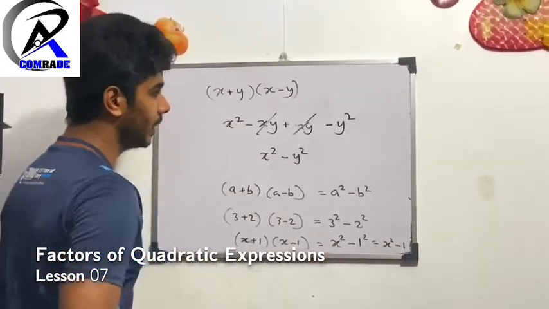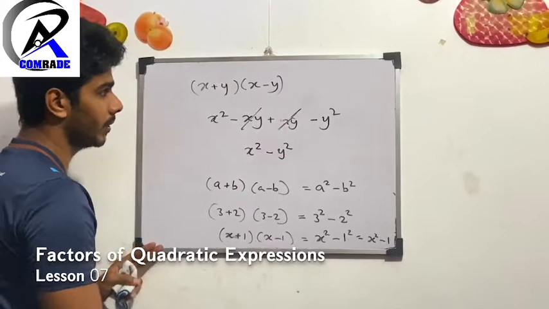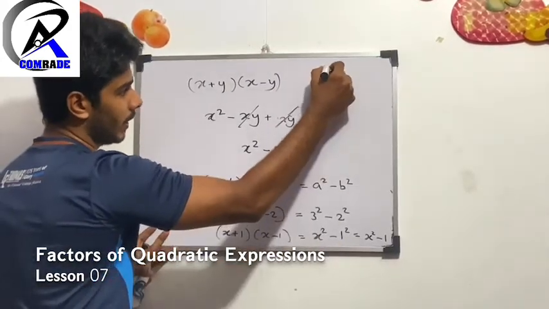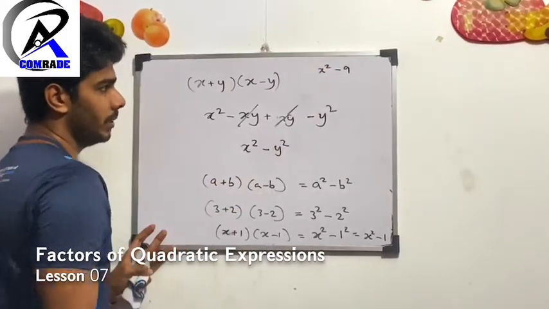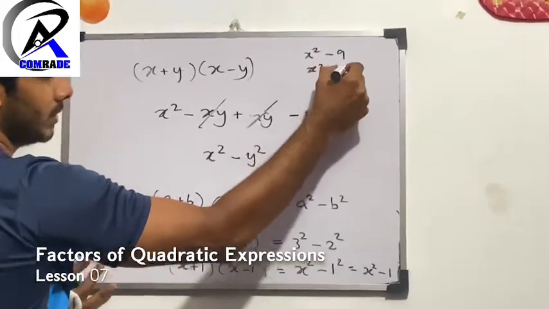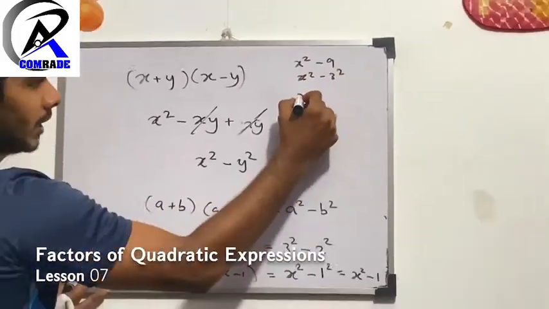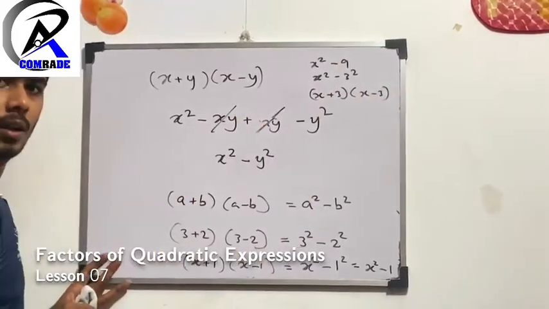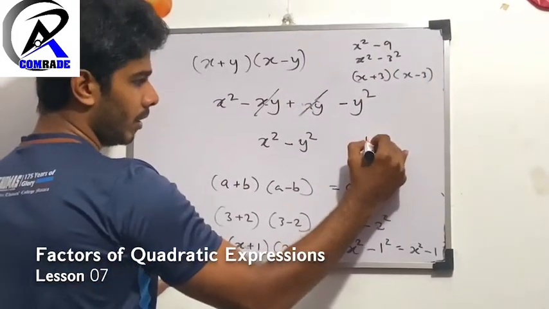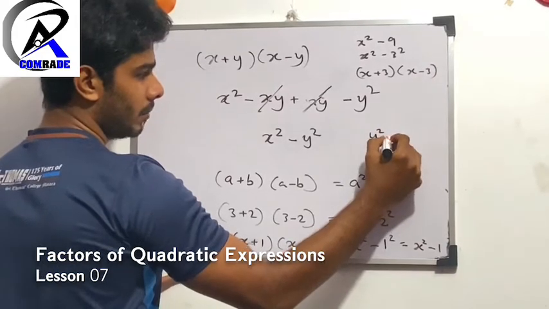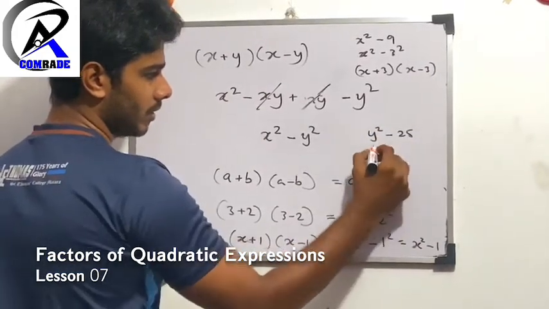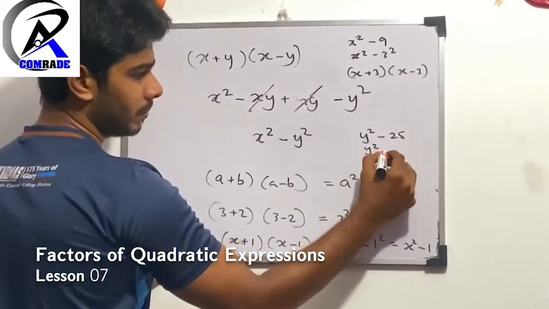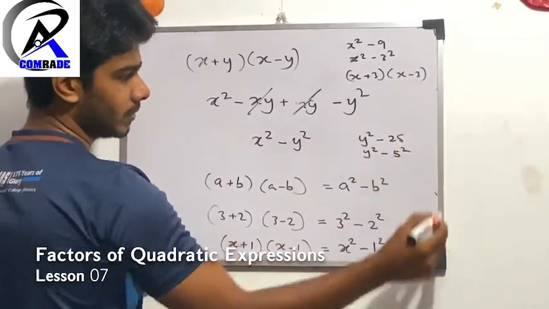Another, if there's something like x squared minus 9, what does it mean? X squared minus 3 squared. This means x plus 3, x minus 3. Okay, there's something like y squared minus 25. You know what's that? y squared minus 5 squared.